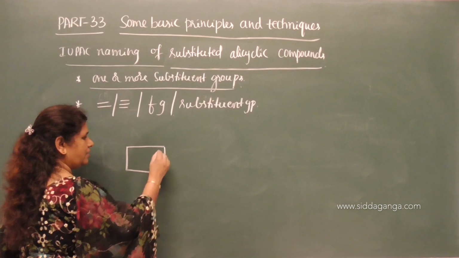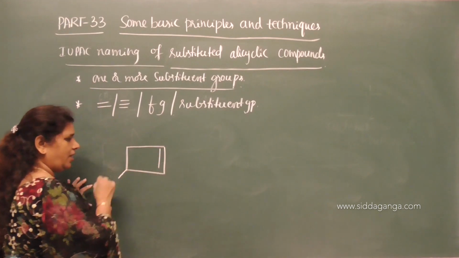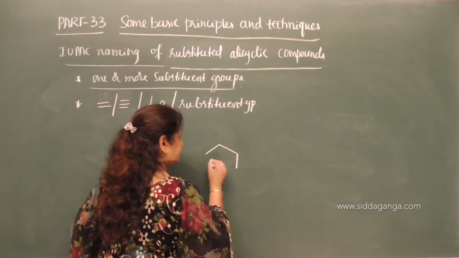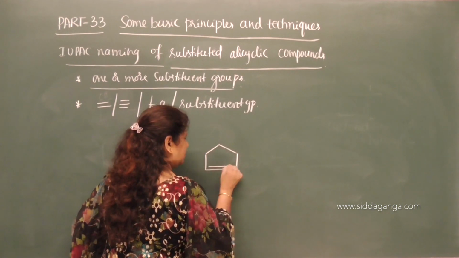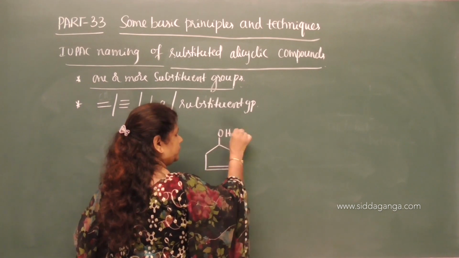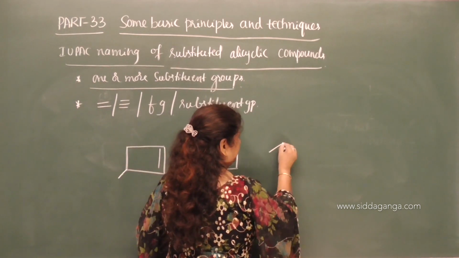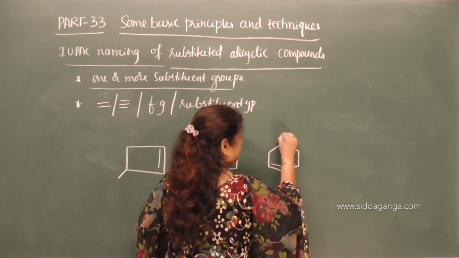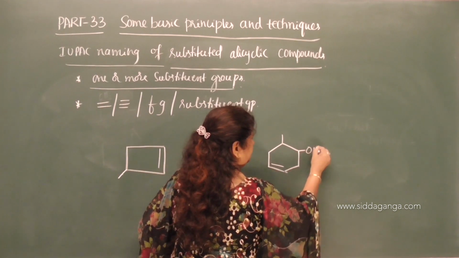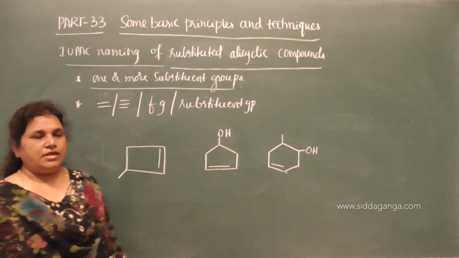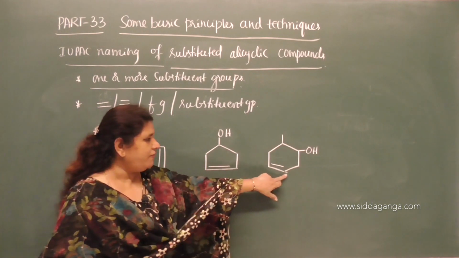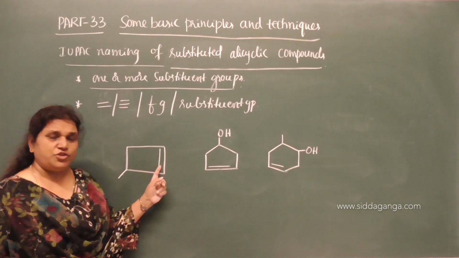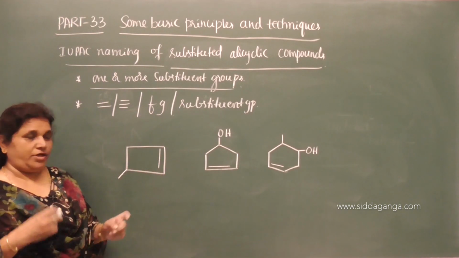So, this is the given compound. Okay. Now, second one more, and third one. See here, this is the given compound. Here we have a multiple bond and a substituent group. Preference should be given to the multiple bond. How to give the preference?